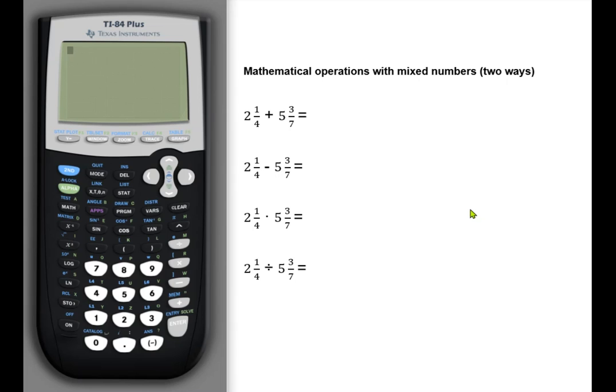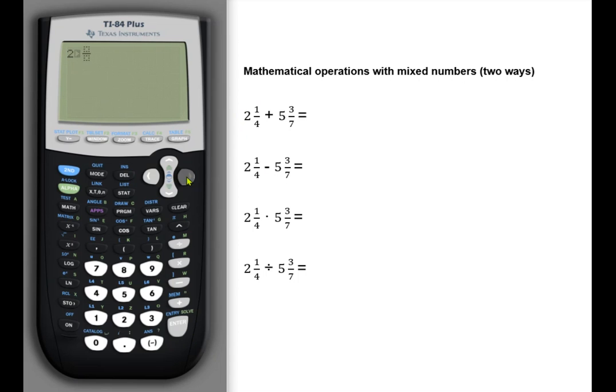How do we add, subtract, multiply, and divide mixed numbers? Again, we can do that in 2 different ways. So first is I can actually enter both numbers as mixed numbers. So hit alpha, then y equals, and then pick number 2, hit enter, and enter your number.